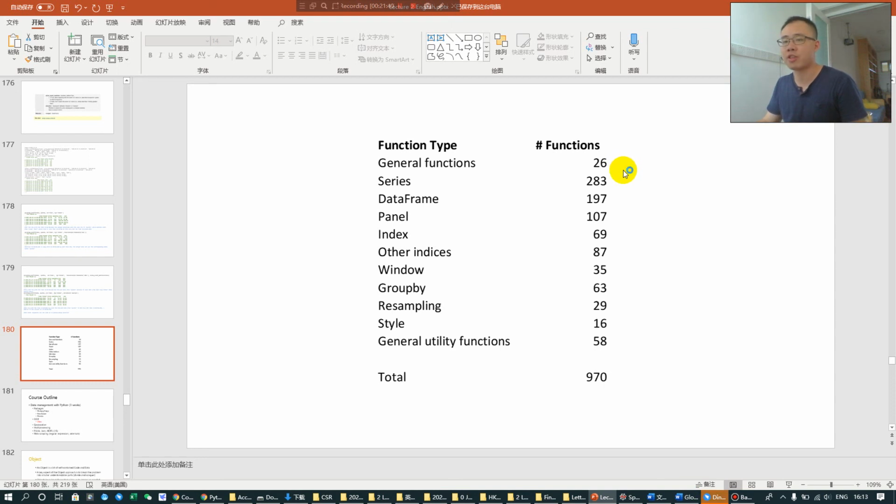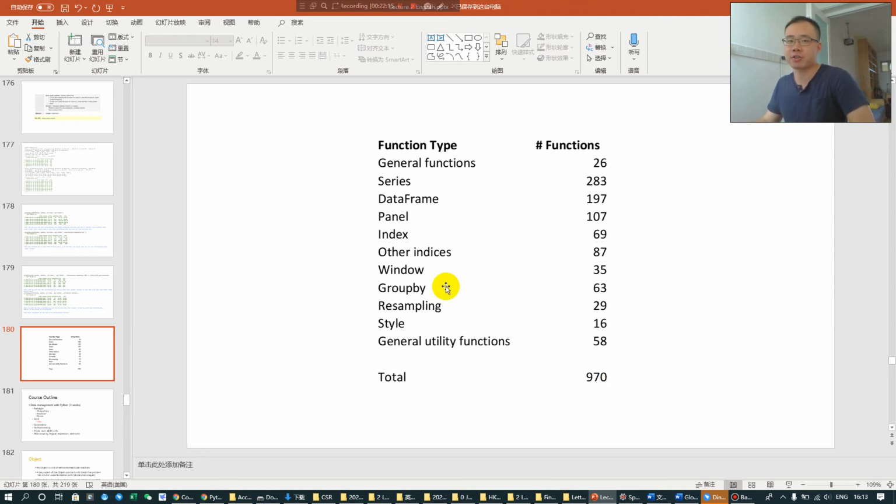But to finish all of them, I suggest you just look at the documentation, because in the documentation, you will find that Pandas really has a lot of functions. It has 26 general functions, nearly 300 series functions, nearly 200 data frame functions, 100 functions for panel, and groupby, window, resampling, and in total about 1,000. Actually, this number is a bit outdated, probably over 1,000 now.